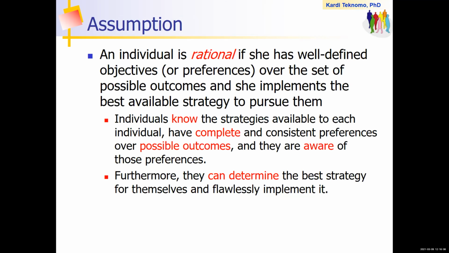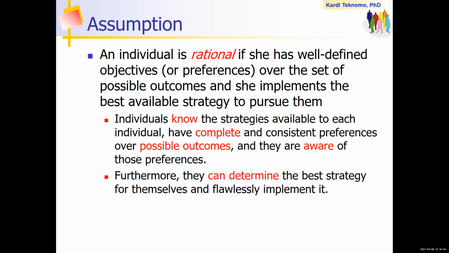Now, the next assumption in game theory, aside from self-interest, is rationality. So each individual in game theory will make rational decisions. Each individual knows the strategies available to each other individual, and our knowledge is complete.